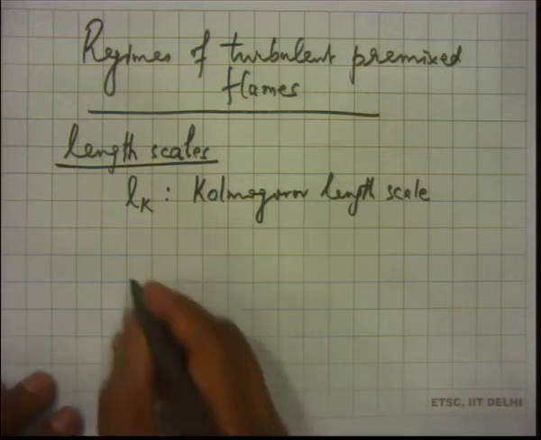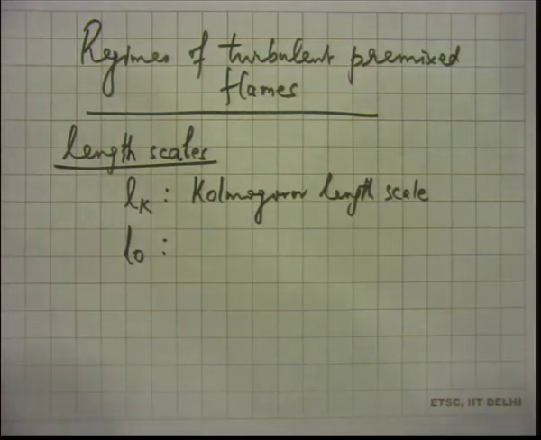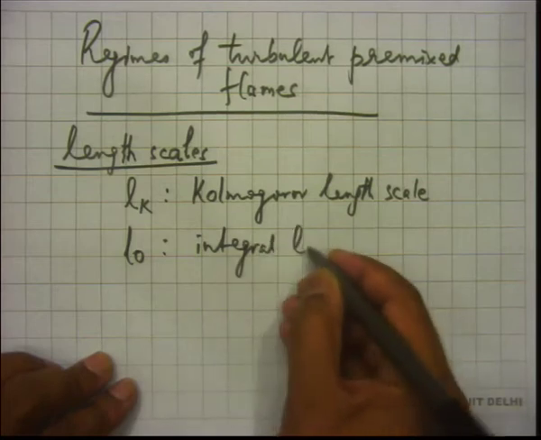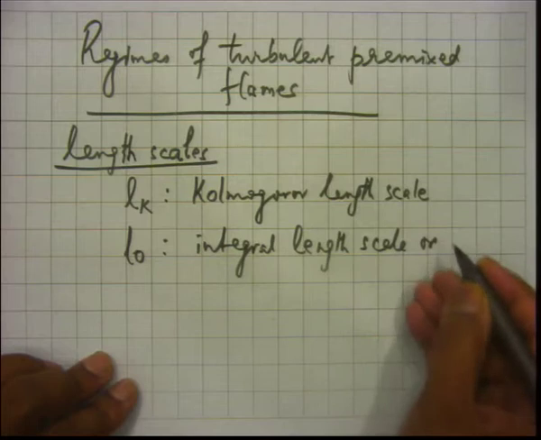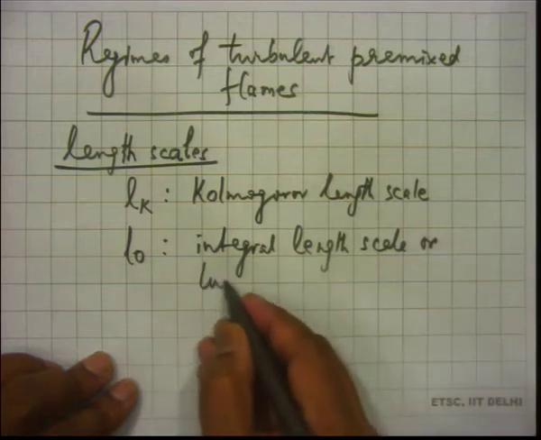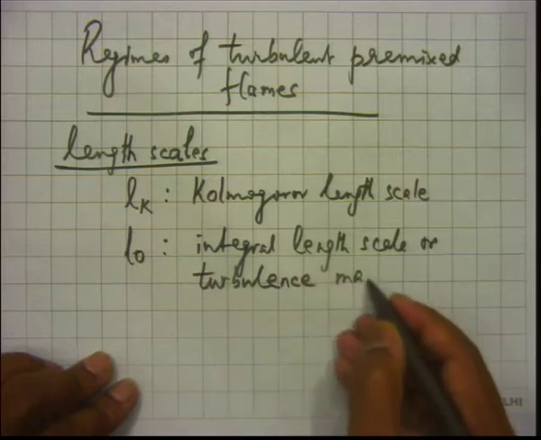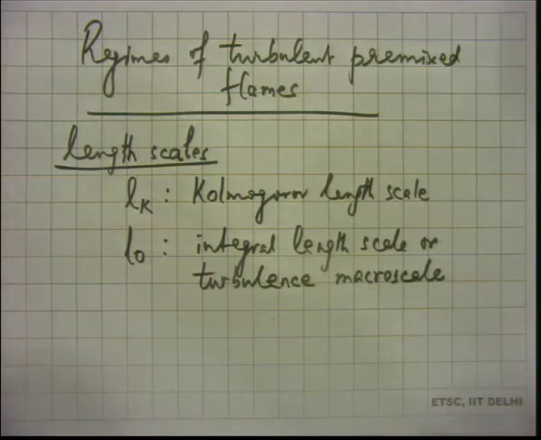And we also have L0, which is the other extreme, the integral length scale, or turbulence macro scale.